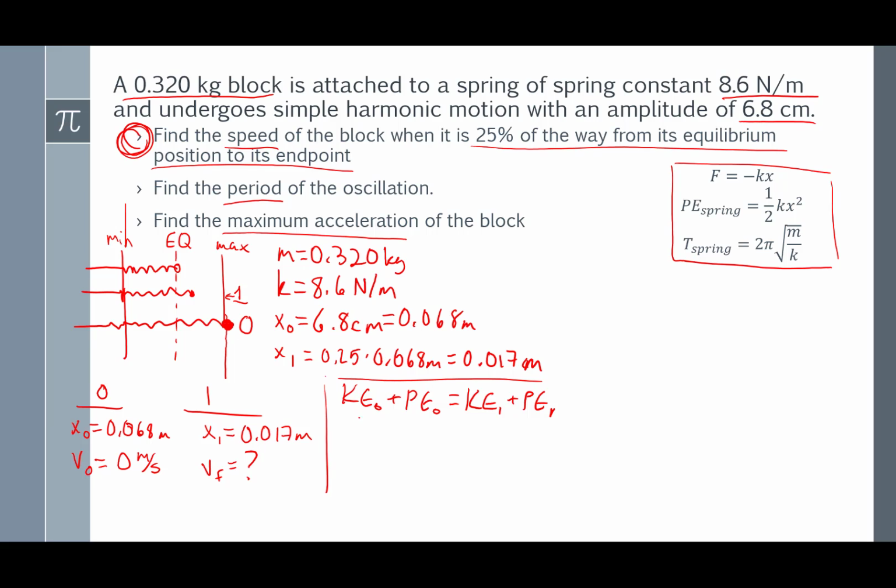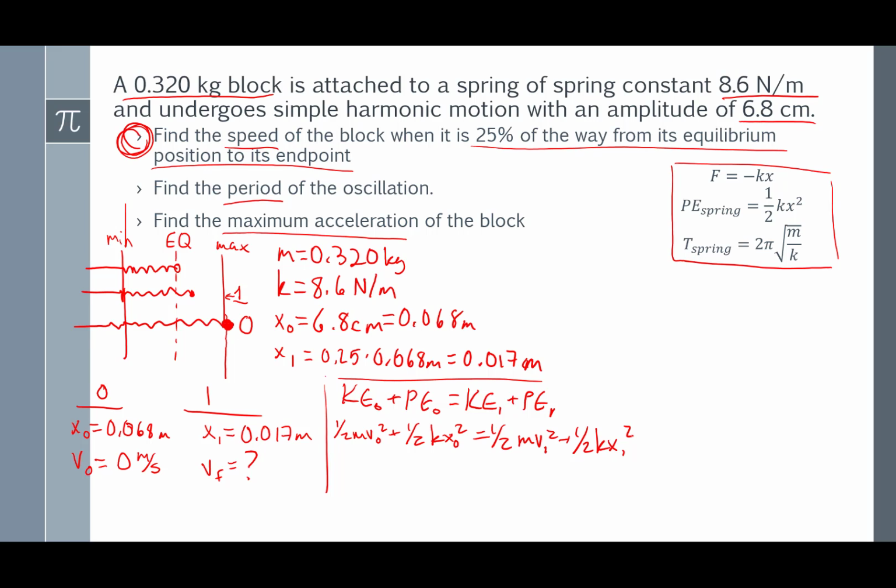And so that's going to be 1/2 mv squared at 0 plus 1/2 kx squared at 0, etc. Let's just write it out: 1/2 m v0 squared plus 1/2 k x0 squared equals 1/2 m v1 squared plus 1/2 k x1 squared.